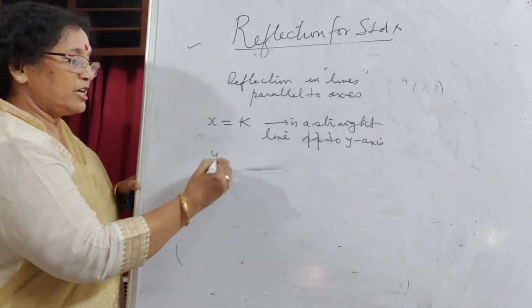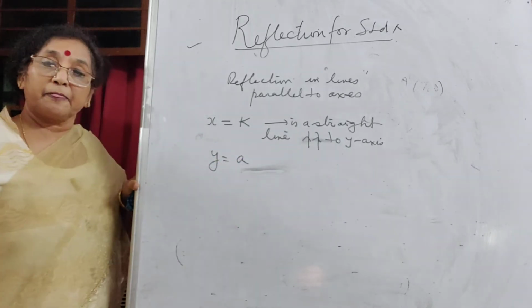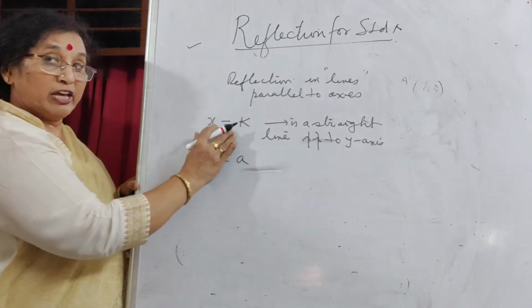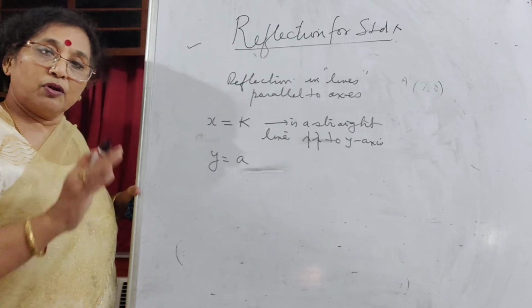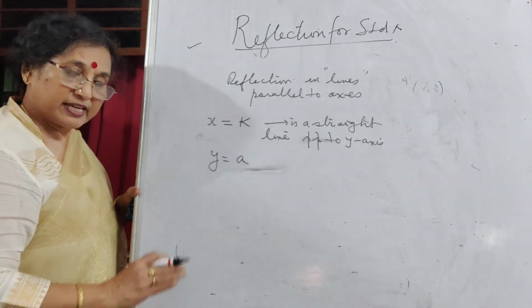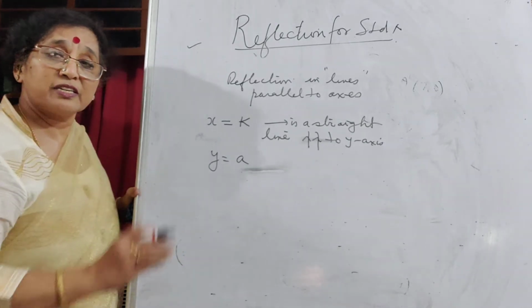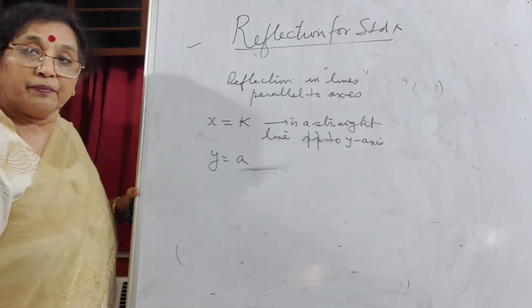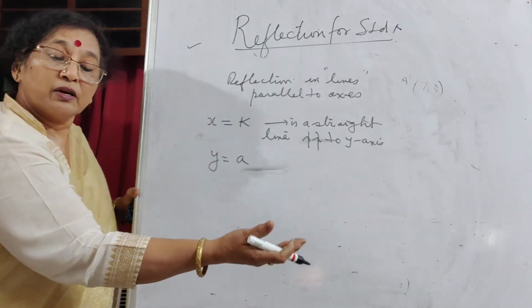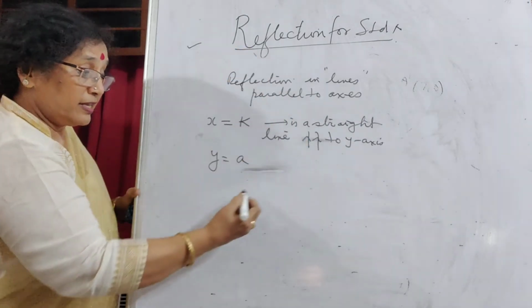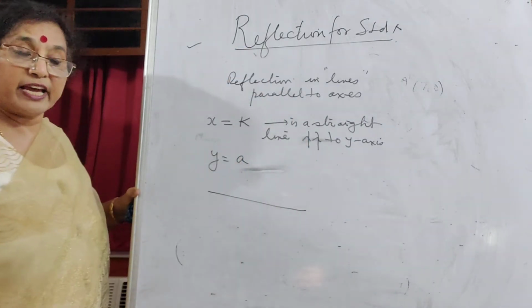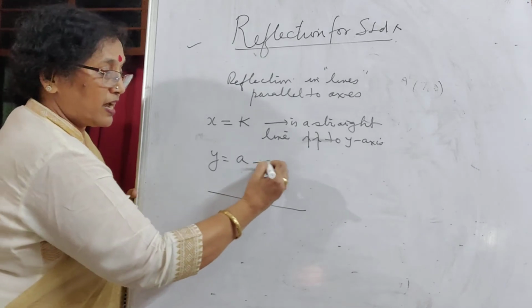And if you have y equals some constant, only one variable and a number, not x and y both. If x and y both are there in the equation, it means it's a slant line. X is 0 is the y-axis, y is 0 is the x-axis, and parallel lines. I'll give you the diagram. Is a straight line.